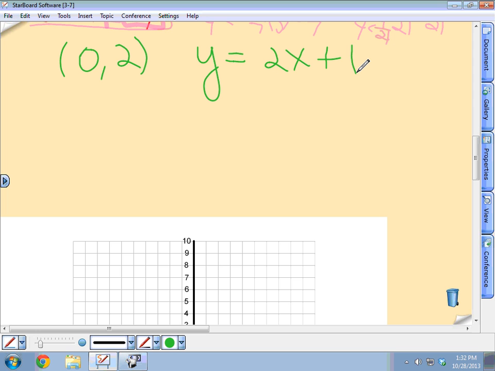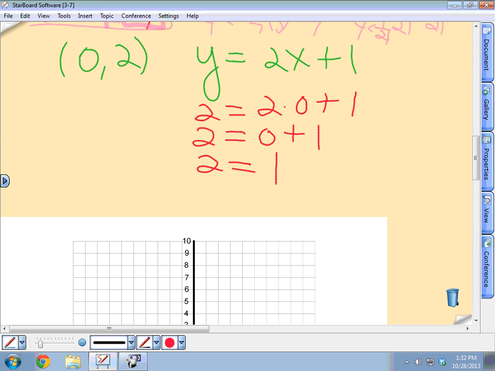Well, in order for it to lie on the line, it would have to give you a true statement when you plug these in. Again, notice you have an x value and a y value. So 2 equals 2 times 0 plus 1. 2 equals 0 plus 1. 2 equals 1. Well, that doesn't give you a true statement.